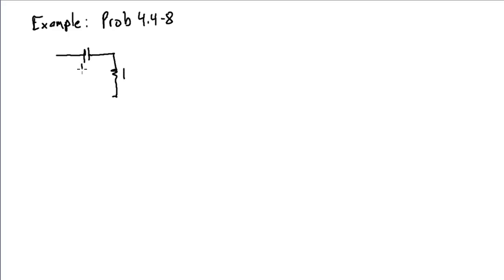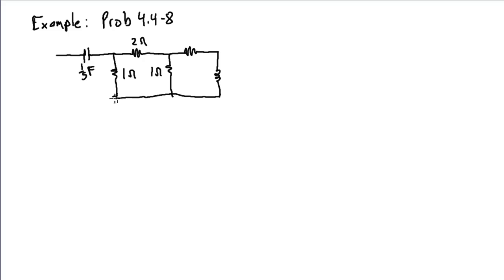This is a 1/5 farad capacitor, 1 ohm resistor, a 2 ohm resistor here, a 1 ohm resistor here, another 2 ohm resistor here, and then a 1 Henry inductor.